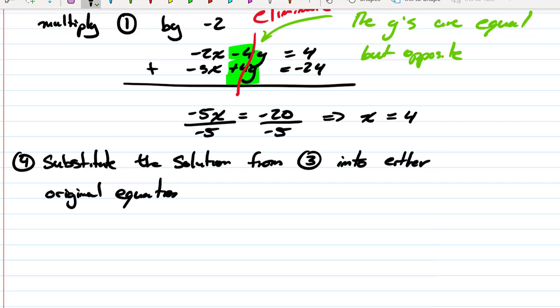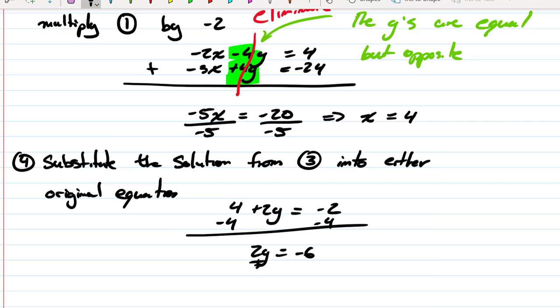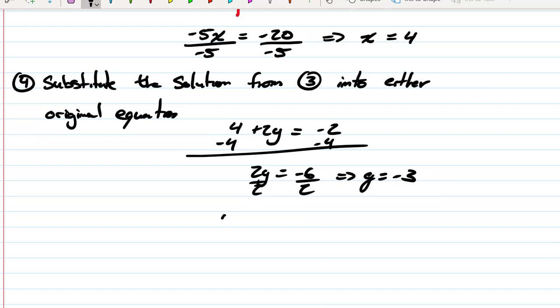So if we substitute it into the first equation, that would be 4 plus 2 times y is equal to -2. So we minus 4, and we get 2y equals -6, divide by 2, we get y is equal to -3. So then our solution, once again, is 4, -3.